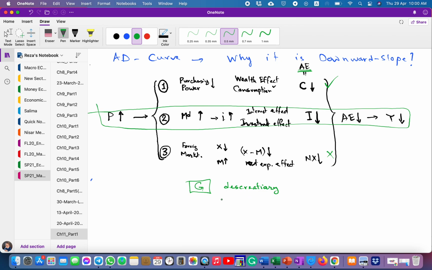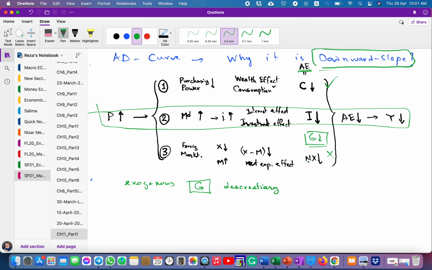If it's endogenous, G may also be dropping, but most textbooks consider it entirely exogenous. Okay, so three major components: consumption is dropping, investment is dropping, and net export is dropping. So it is the reason why it is downward sloping.